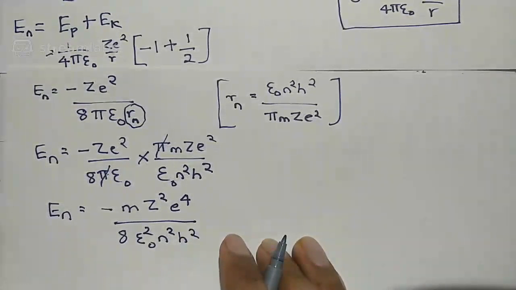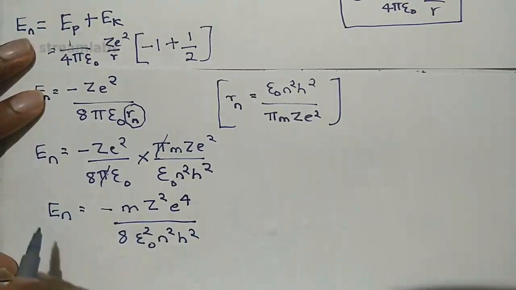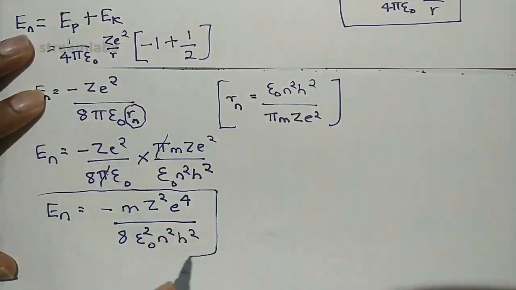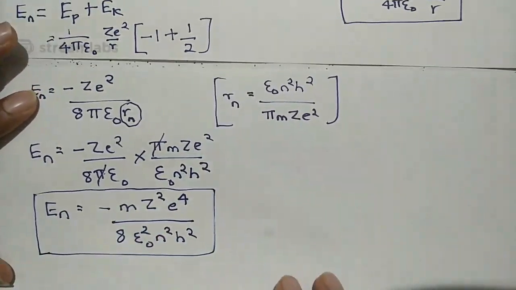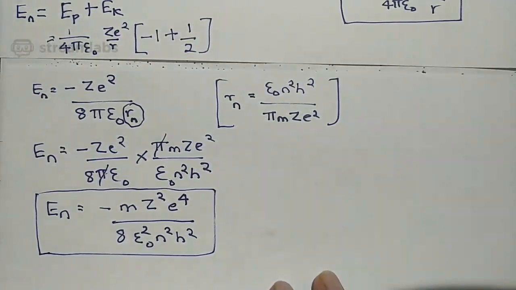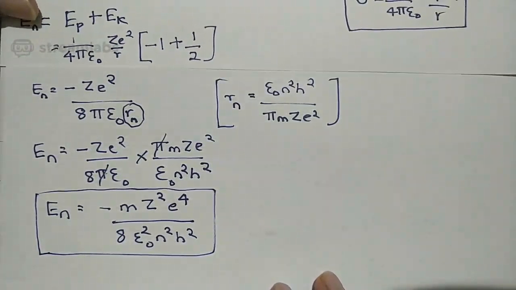So this is the expression for the energy of the electron in the nth orbit of a hydrogen like atom.